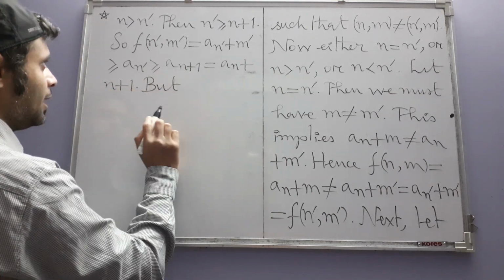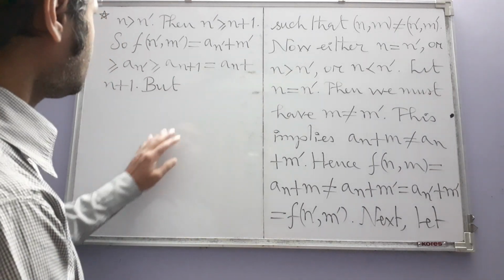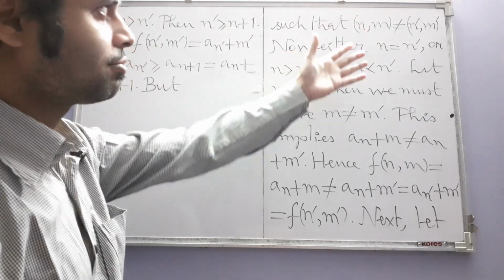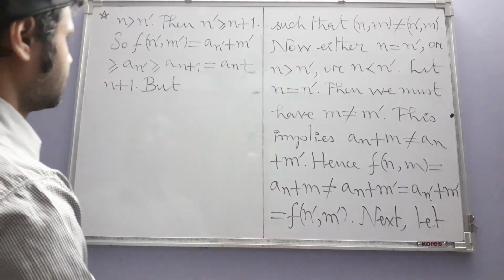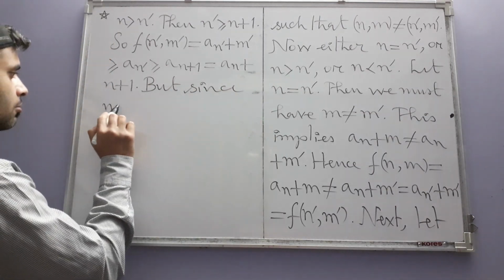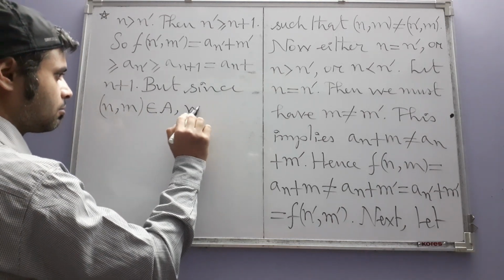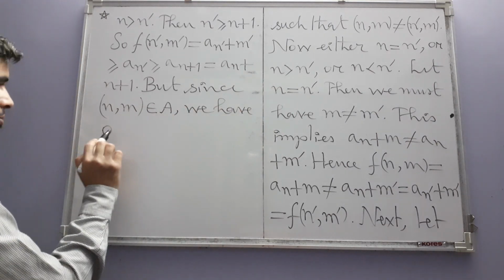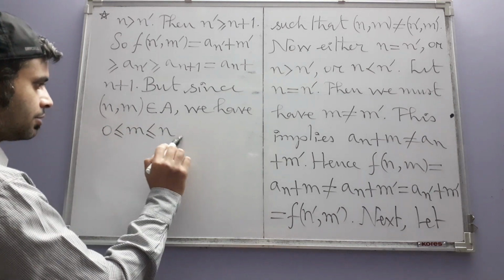So what do we do? We have so far not used one fact, that these ordered pairs we are in fact choosing from the set A, which has a condition, right? But since this belongs to A, we of course have this. If you go back to the definition of the set A itself, then you get this.